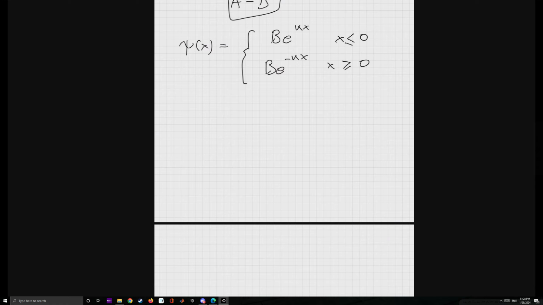So the second boundary condition, the one that's a little more hard to understand, is that the first derivative must be continuous. So what does that mean?